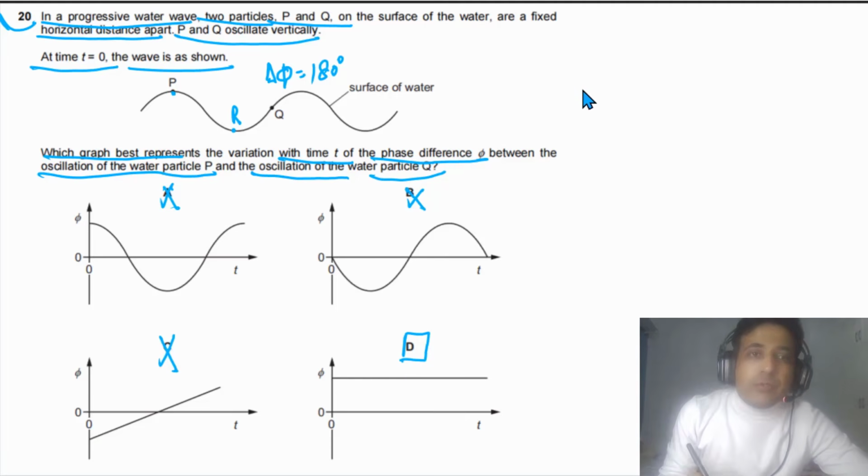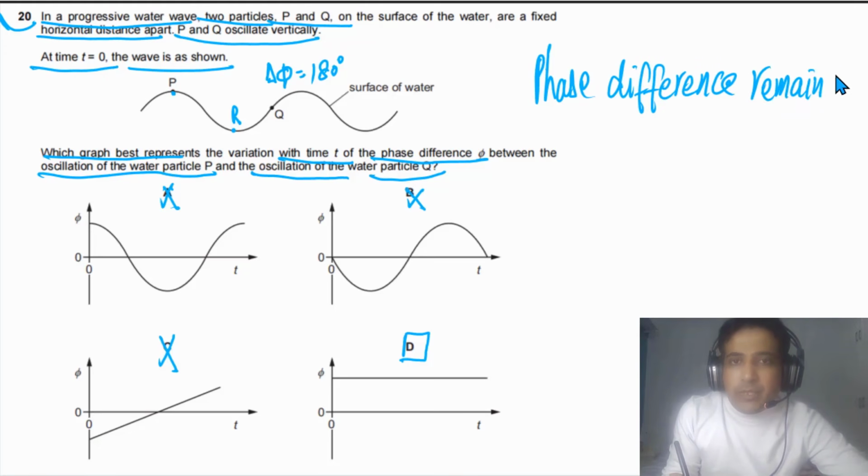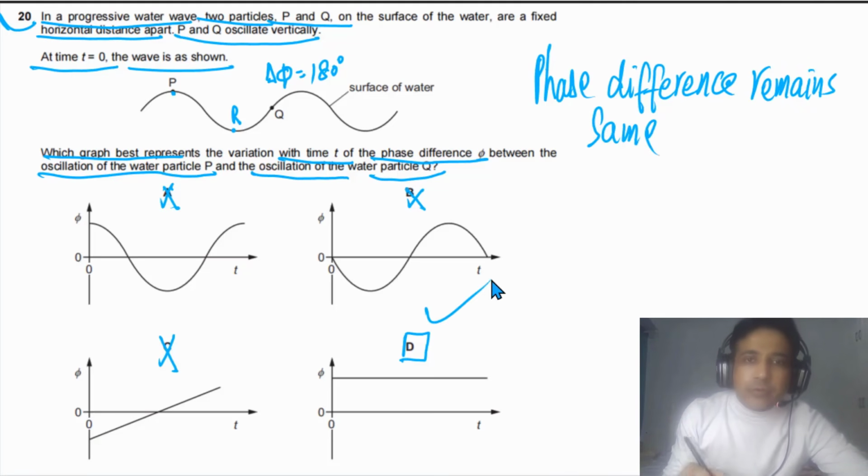Phase difference remains the same because they have the same time period and the same frequency. So the answer for this question is D.